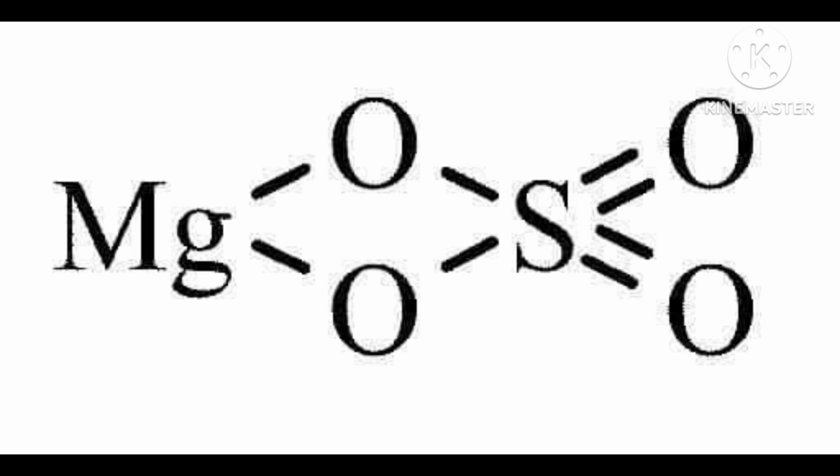Again, I am repeating one more time. 74.5 gram of metallic chloride contains 35.5 gram of chlorine.